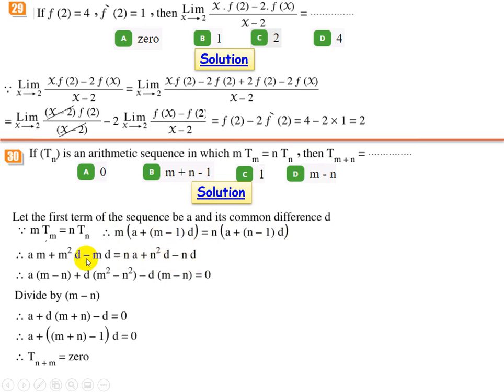Collecting all terms on one side, you have am minus an, taking a as common factor, m squared d minus n squared d, taking d common factor, minus md plus nd. Also, divide both sides by m minus n, so a plus d times, this is the difference between two squares, so the answer is (m plus n minus 1)d equals 0. Taking the common factor, a plus (m plus n minus 1)d. This is the form of the rule of t_(m plus n).